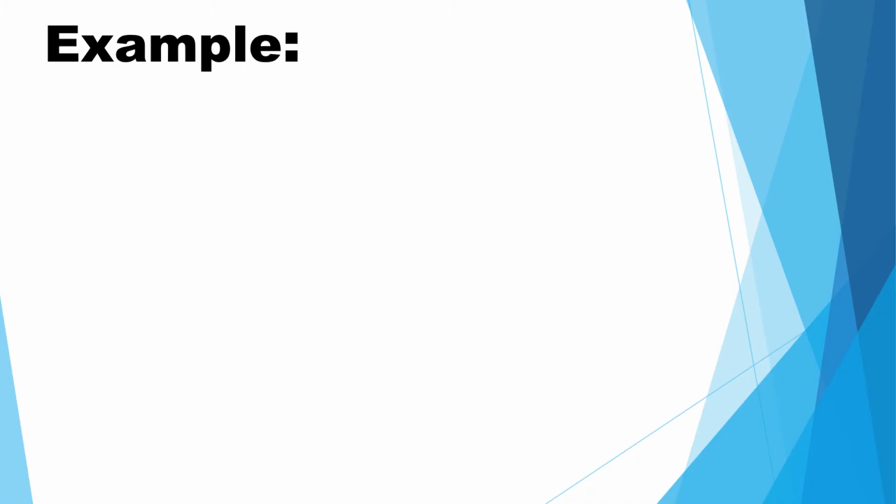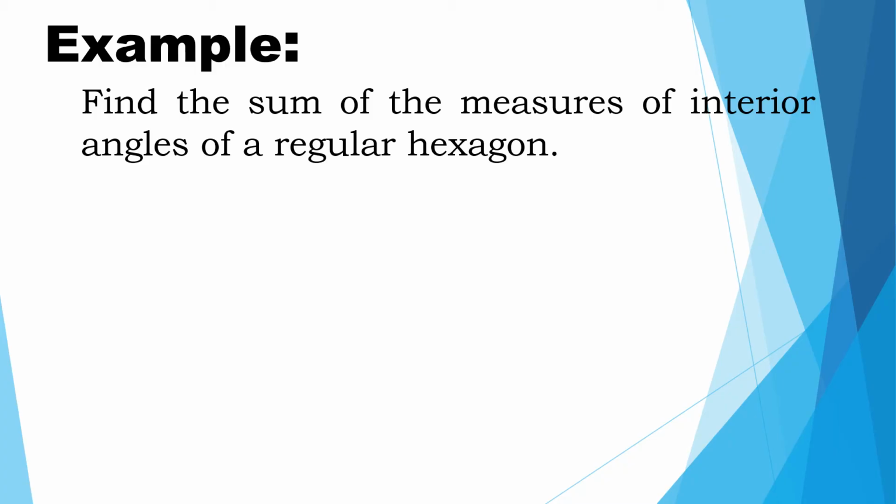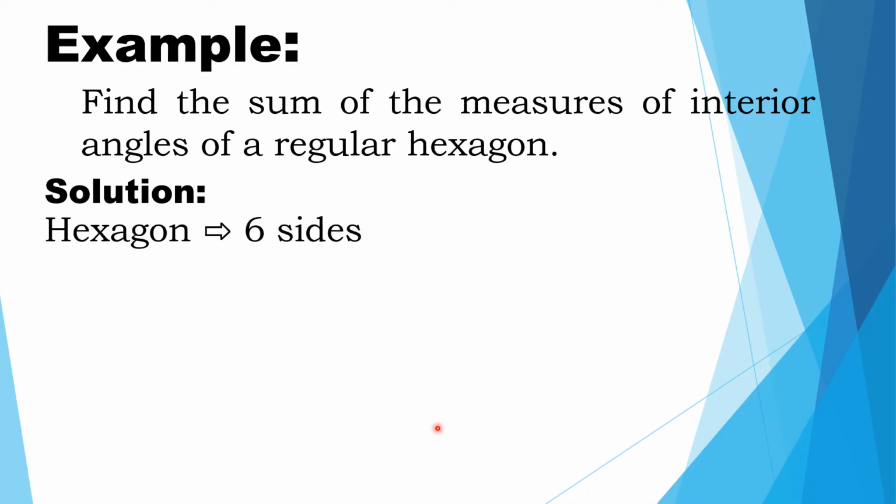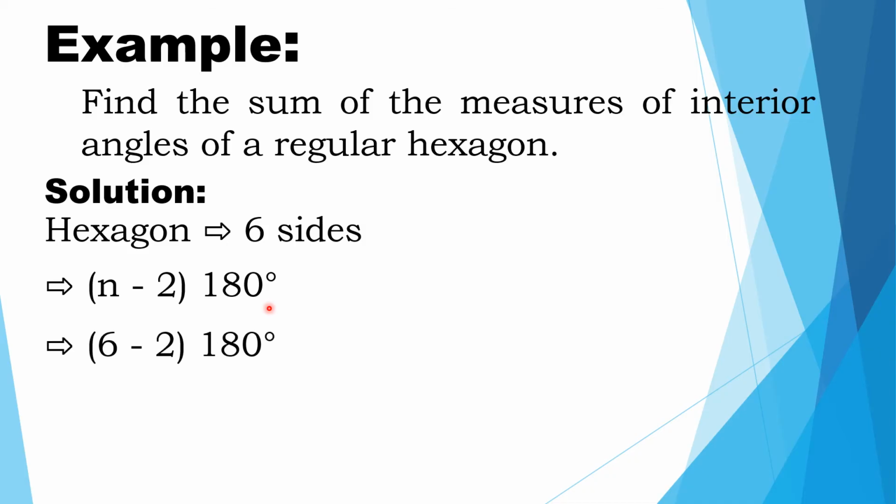Example, find the sum of the measures of interior angles of a regular hexagon. Hexagon has 6 sides. N minus 2 times 180 degrees.